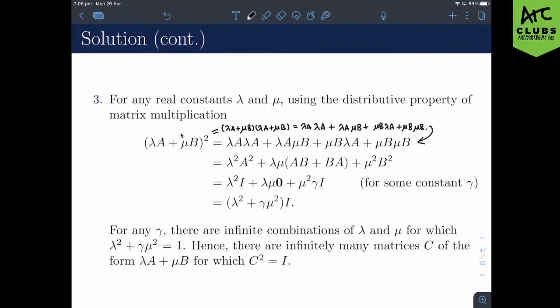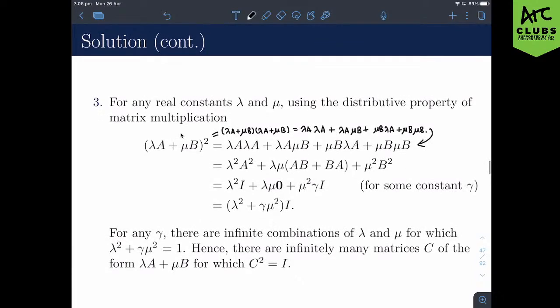So now, remember, it doesn't matter when we multiply in the scalar. That's also a property of matrix multiplication. So we can just bring out all the scalars to the front. And we see here, without switching the orders of B and A, because we need to make sure we don't do that, that AB equals minus BA.